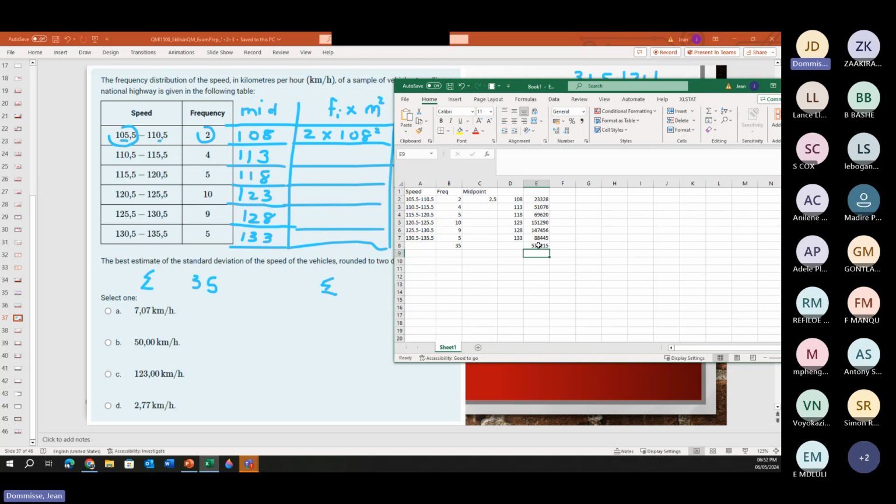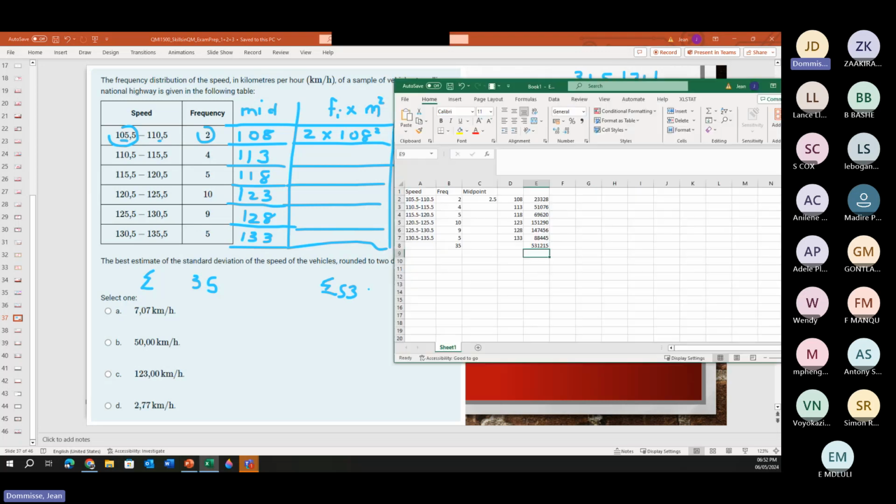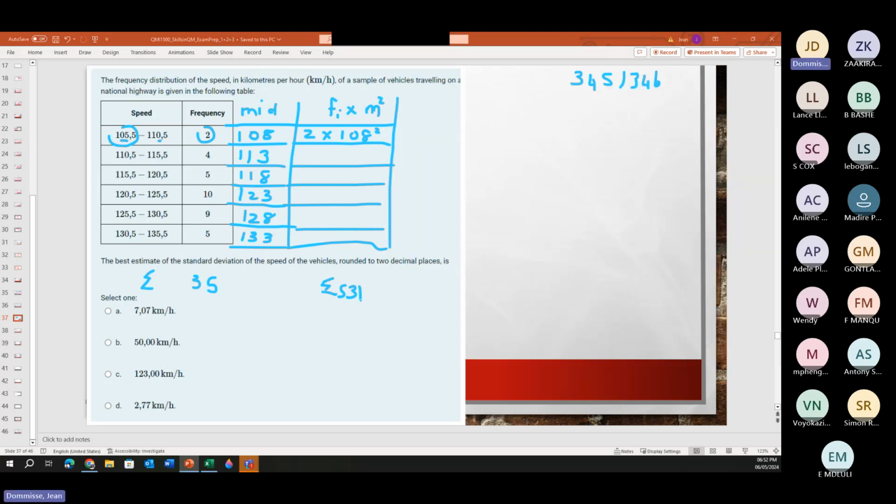So I will not be surprised if they repeat something like this in the exam, that they give the total to you, because it is a lot of work to do every time.